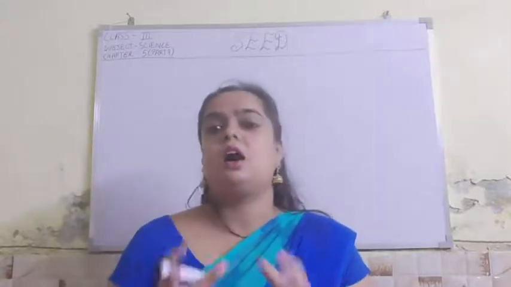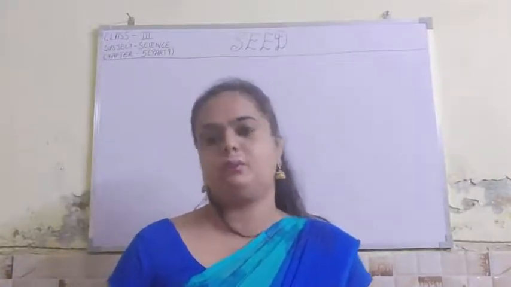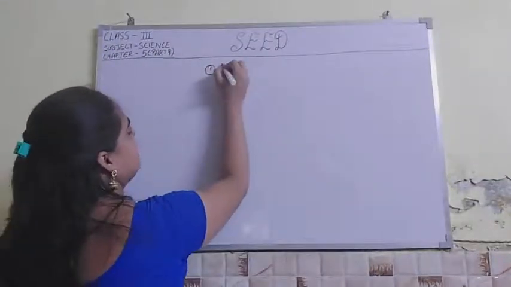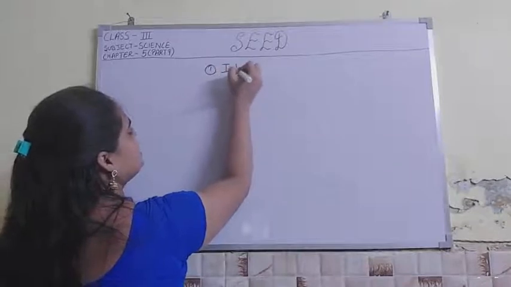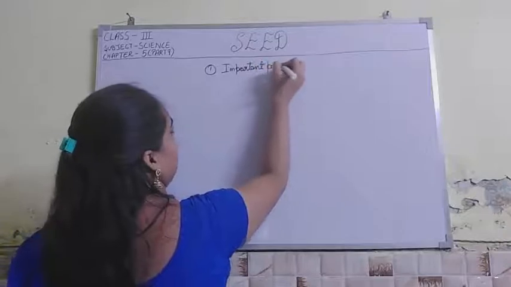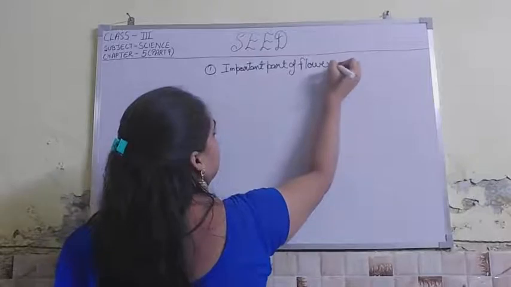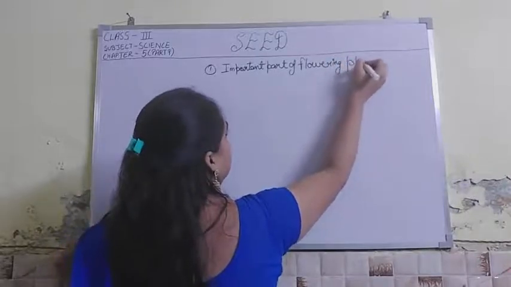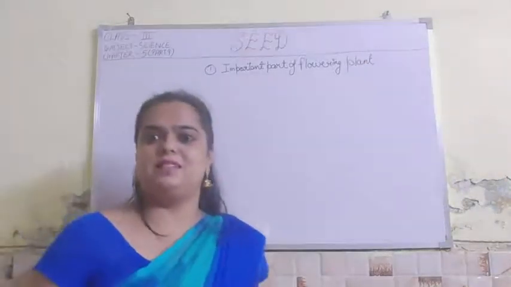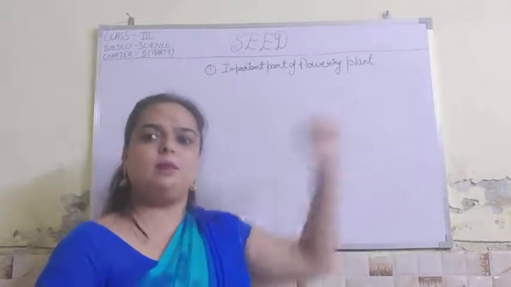Children, a seed is an important part of a flowering plant. Okay? Plants form seeds. So a seed is an important part of a flowering plant.